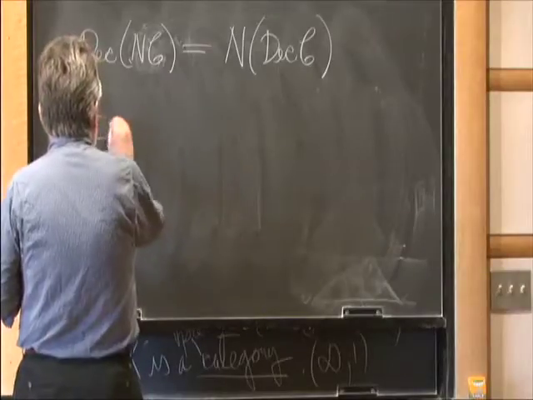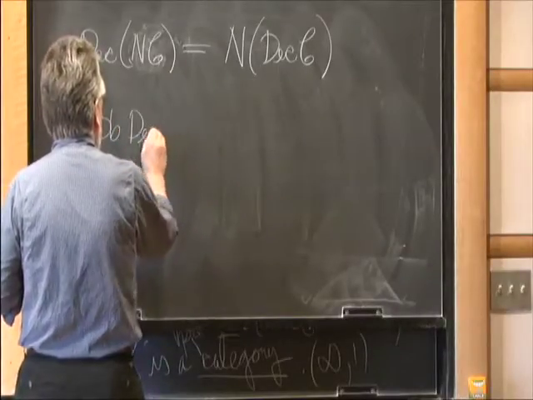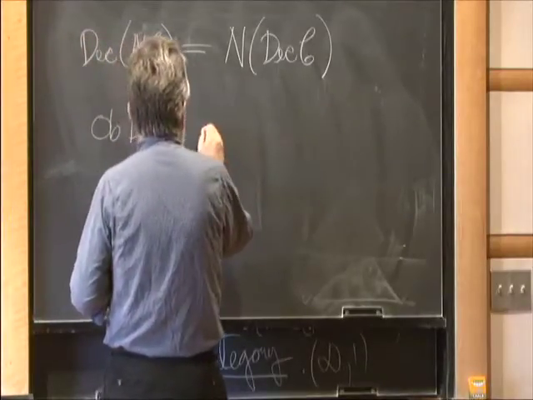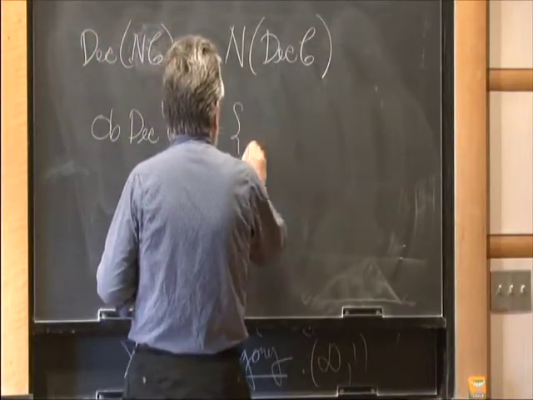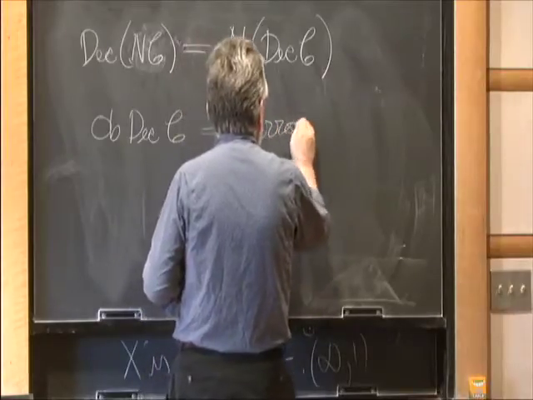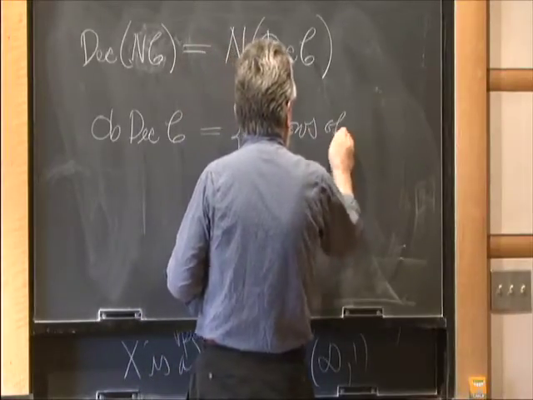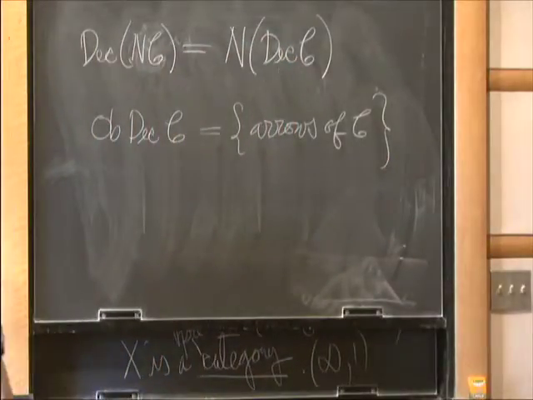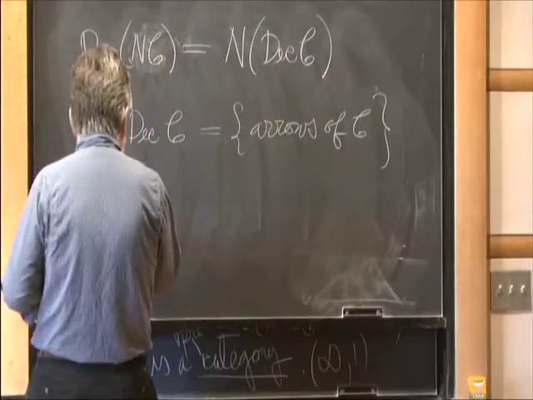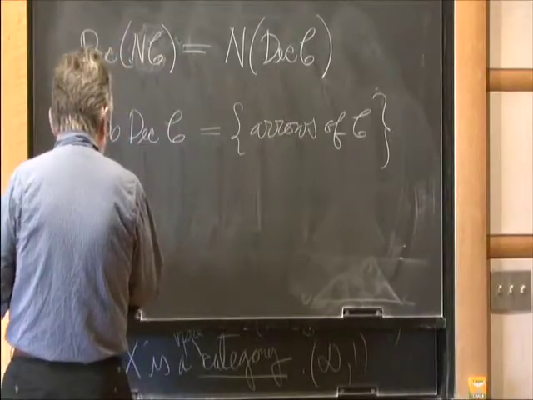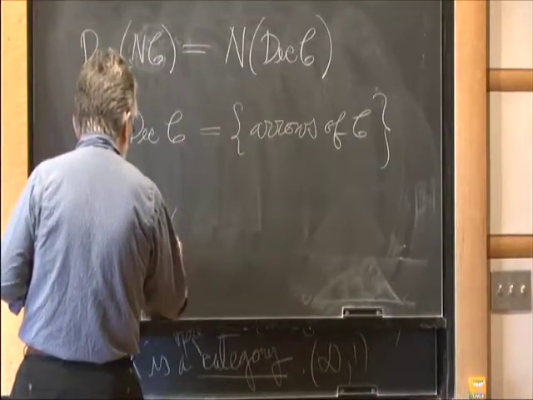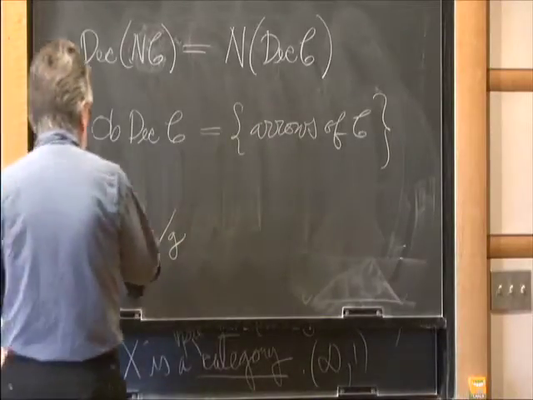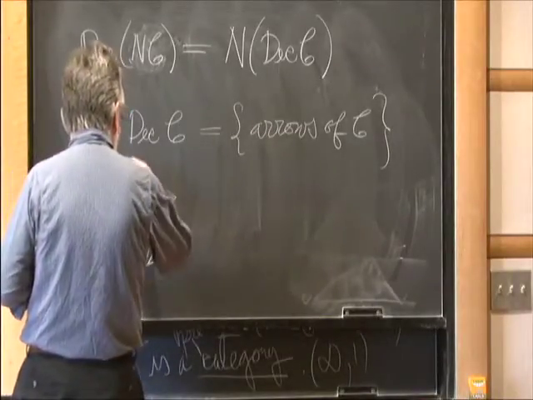The objects of dec of a category C are just the arrows of C. And there will be an arrow between two arrows only if these two arrows have the same codomain, and then it will be a commutative triangle.